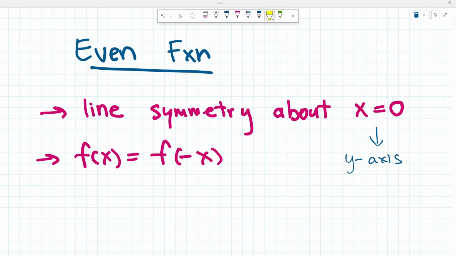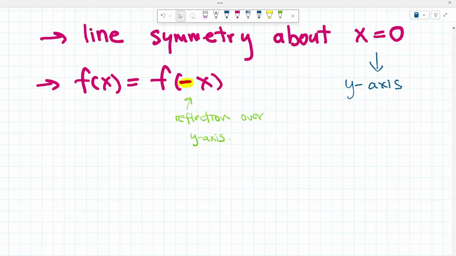And let's think about our transformations for a second. This negative over here represents a reflection over the y-axis. So that's basically telling us that if we reflect our function over the y-axis, we end up with the same original function f of x. And that is why we have this line symmetry about the y-axis.